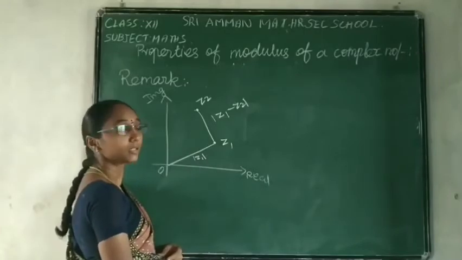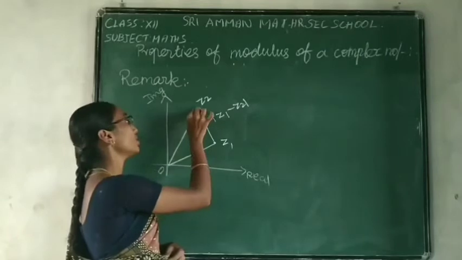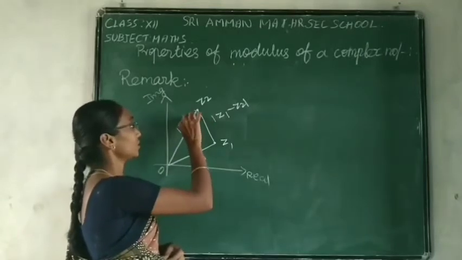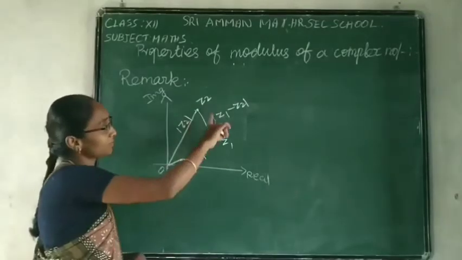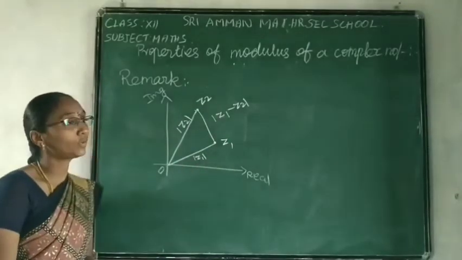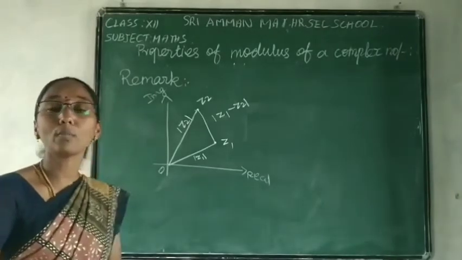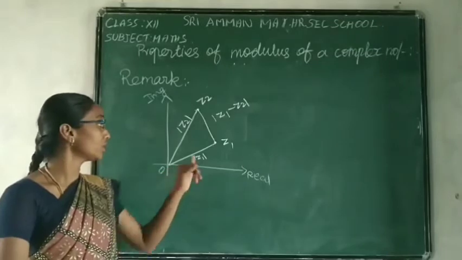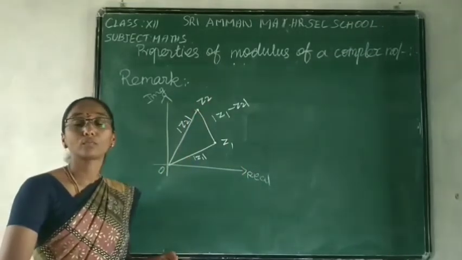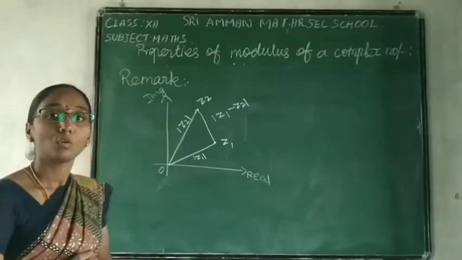Is it correct? Yes. And the length from the origin to Z2 is the modulus of Z2. Now, O, Z1 and Z2: what is the geometrical shape of this diagram? A triangle.